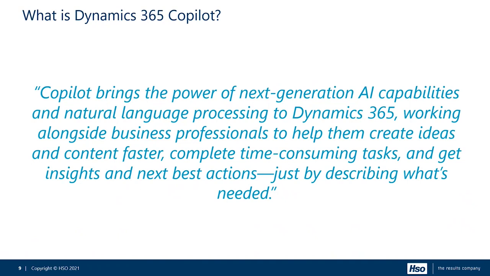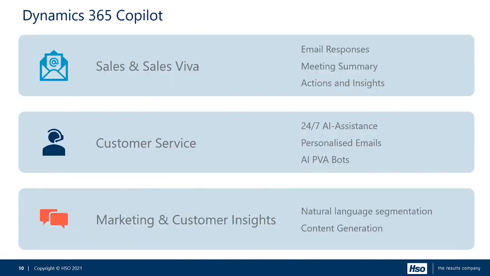Sounds pretty cool, right? So what does that actually mean within Dynamics 365? So I broke it down into three areas that we're going to start to see within the product itself. So within the Sales and Sales Viva's side of the platform, it's all about being able to leverage the AI, so ChatGPT or OpenAI technology, to be able to automatically create email responses based upon what the customer has sent in.